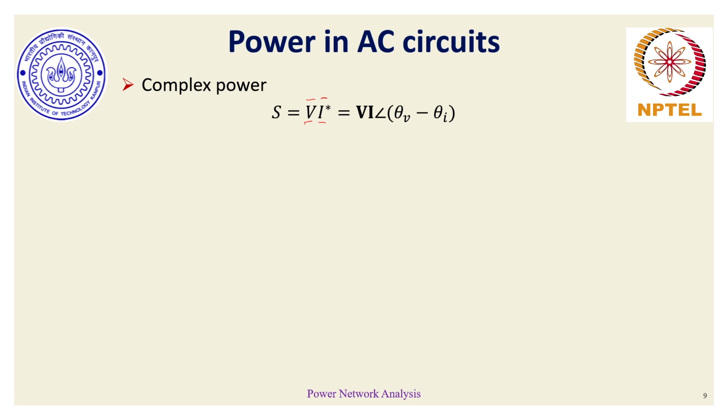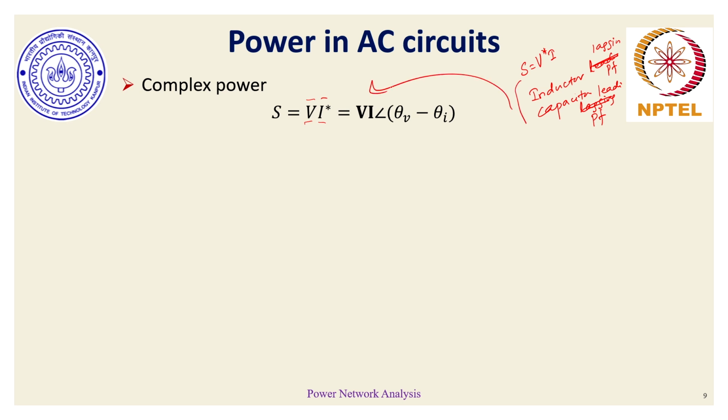If someday the notion of inductors and capacitors changes, that means if we start associating inductors as leading power factor loads, that means inductors are those elements which generate reactive power and capacitors are those elements which absorb reactive power, basically they would have lagging power factor, then in that definition, S could also be defined as V conjugate I. Conventionally, we stick to the fact that inductors are not leading power factor elements but lagging power factor elements, whereas capacitors are leading power factor elements.